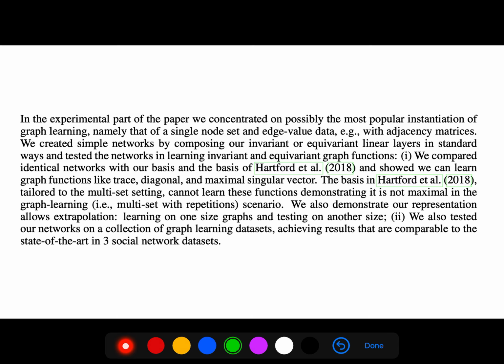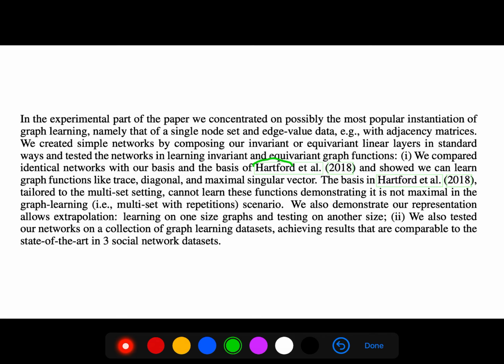They created simple networks by composing the invariant or equivariant linear layers in standard ways and tested the networks in learning invariant and equivariant graph functions by comparing identical networks with our basis, the basis of this Hartford paper, and show we can learn graph functions like trace, diagonal, and maximal singular value.